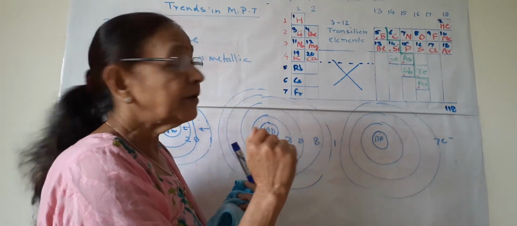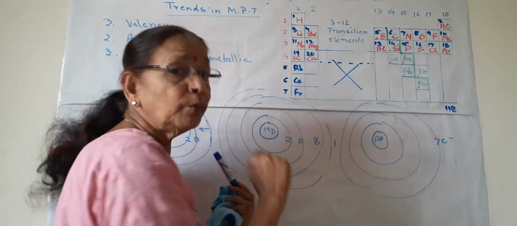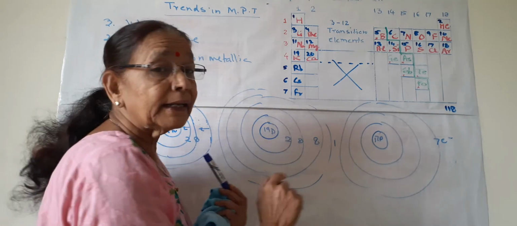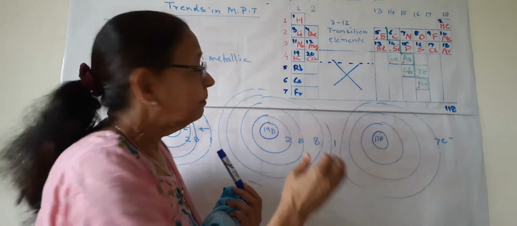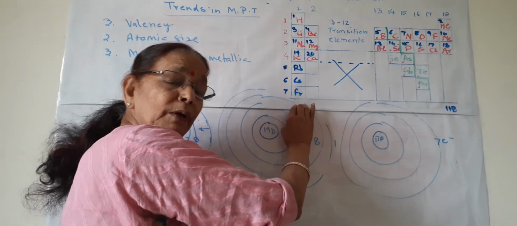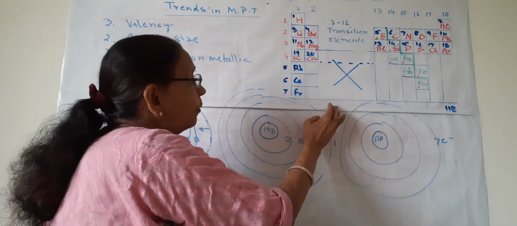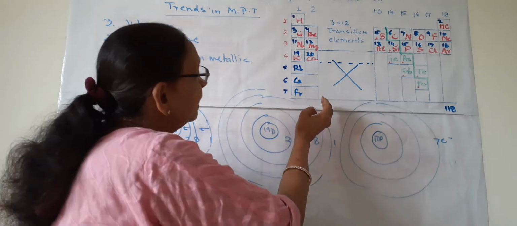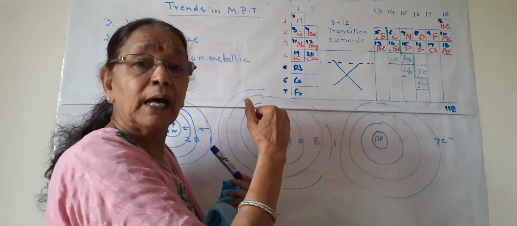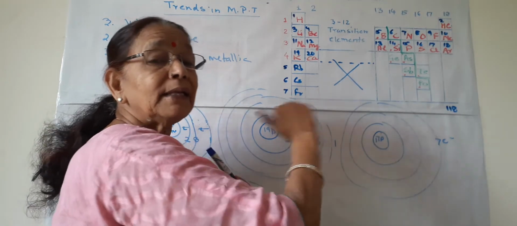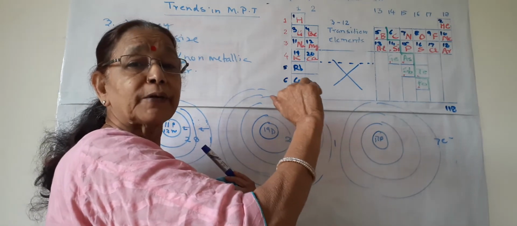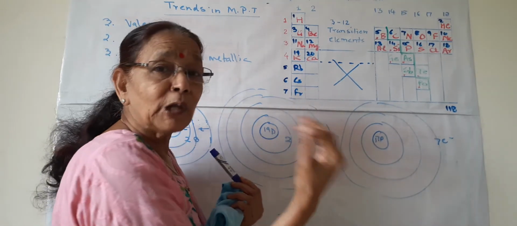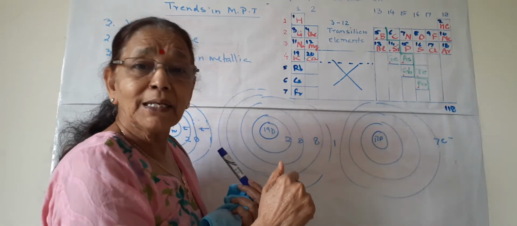Are you understanding? So as we go down in a group, the metallic character increases because there are more shells, and the outermost shell electrons are not attracted toward the nucleus. It can easily lose its electron, and when an electron is lost, it is known as metallic character.